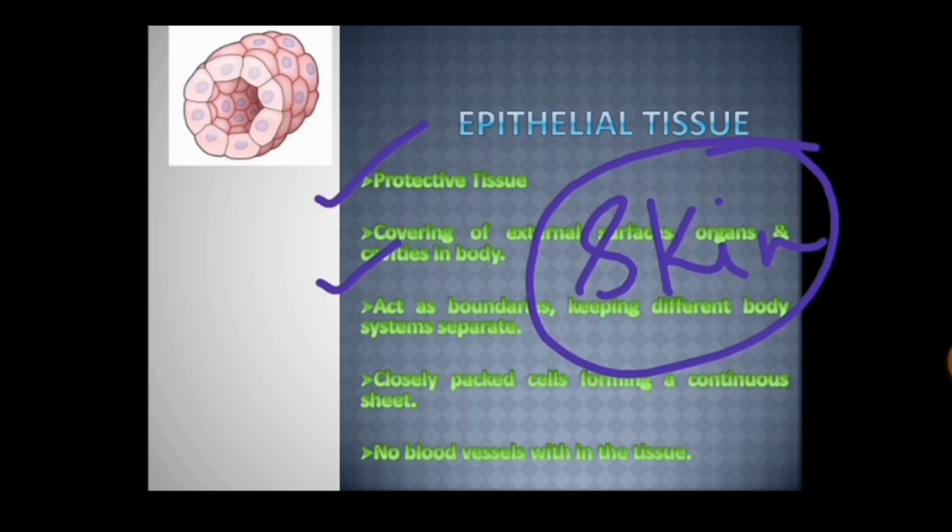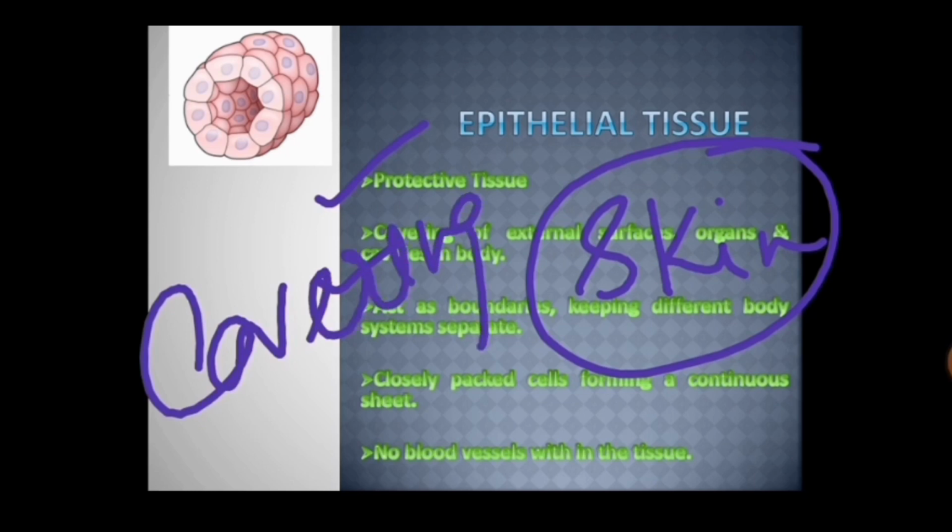So what do you think our body is composed of? Children, our body is composed of so many delicate organs. So those delicate organs need some protection from the external environment. So the skin actually acts as a covering.